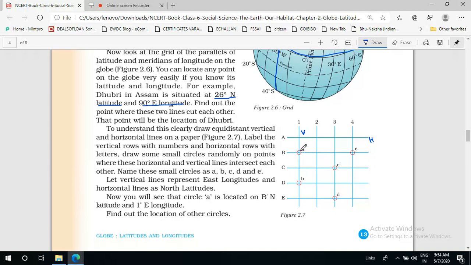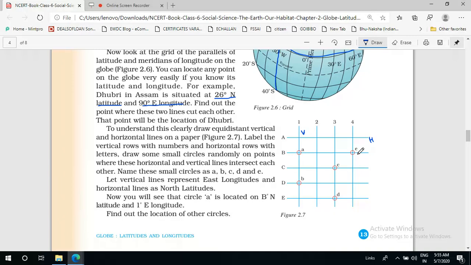You can see here where B and 1, or anywhere, don't think anything, just first put a circle anywhere where these two lines are cutting each other. In this way, we can see that there are 5 places which have been circled, and they are named by small a, small b, small c, small d, and small e.